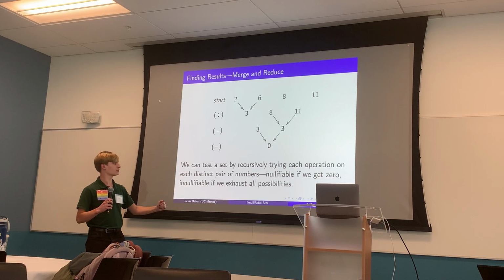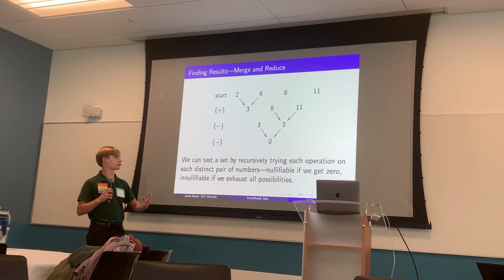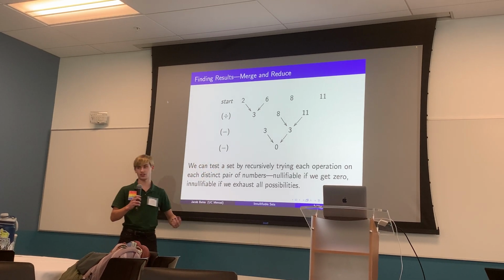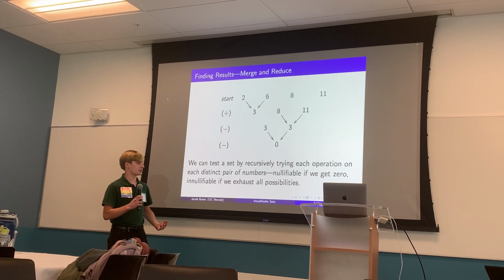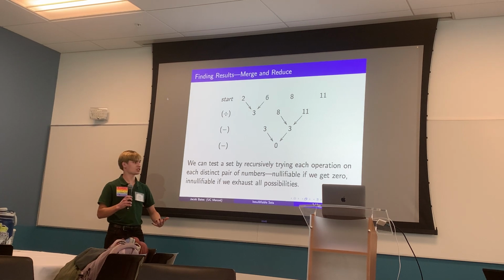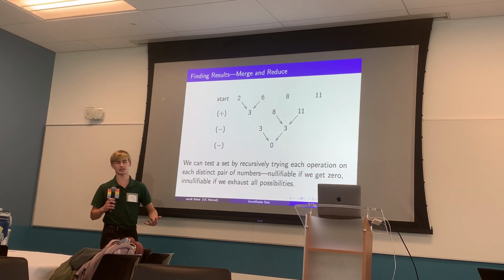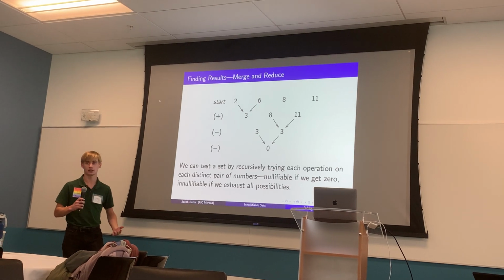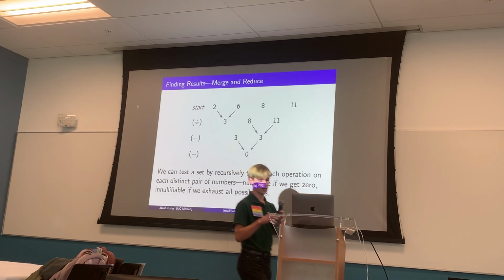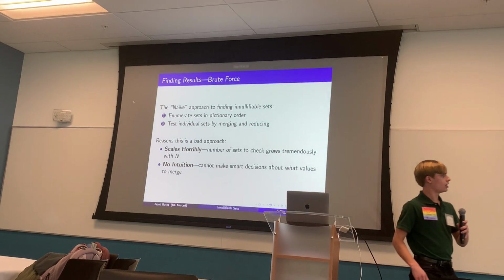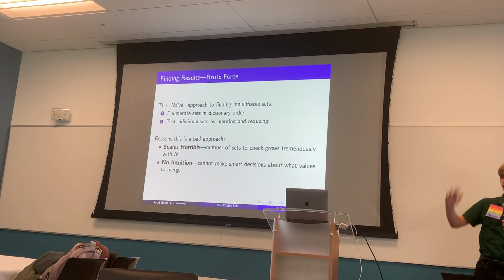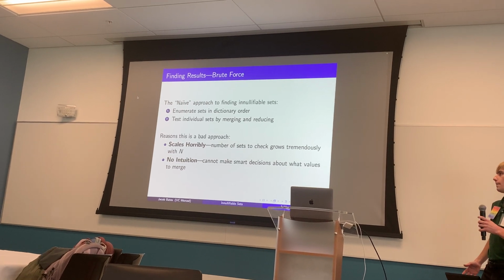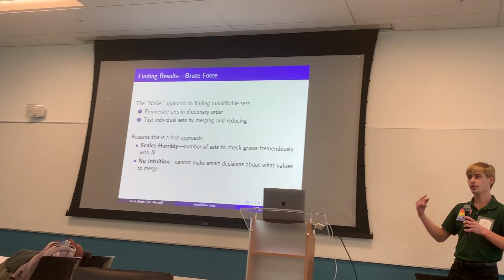We can recurse, and we can systematically go through all of the different combinations of the starting numbers, all of the different operations, and if we ever get 0, that just means that we can nullify the set, but if we have exhausted everything, that means the set is innullifiable. So continuing this line of thought, we could enumerate a giant dictionary of sets to try and find these minimum cases, and we could test one at a time.